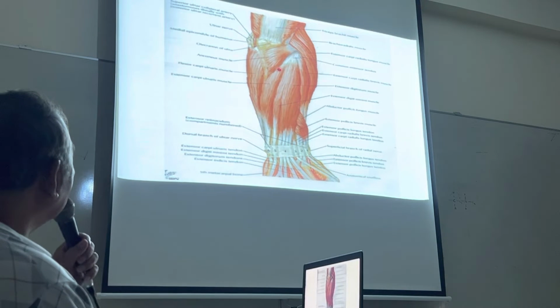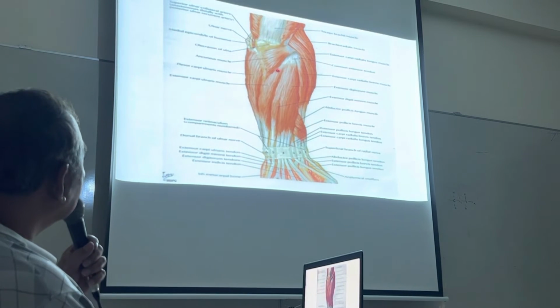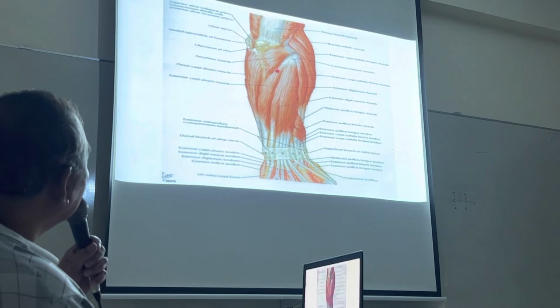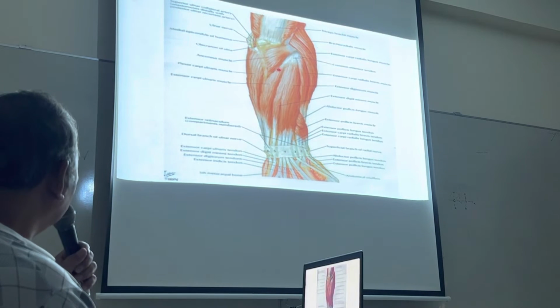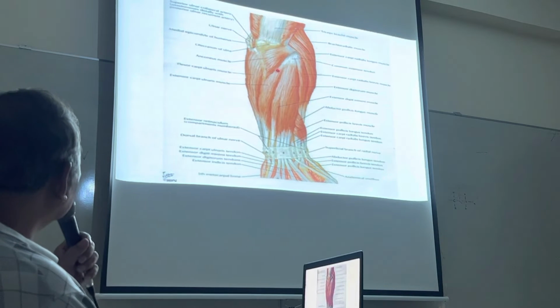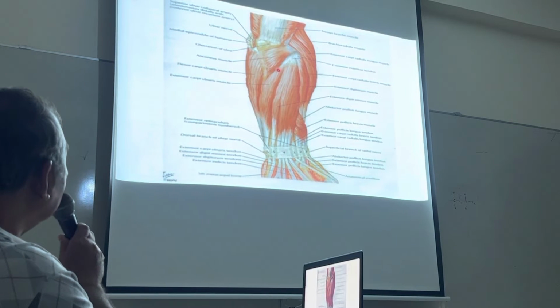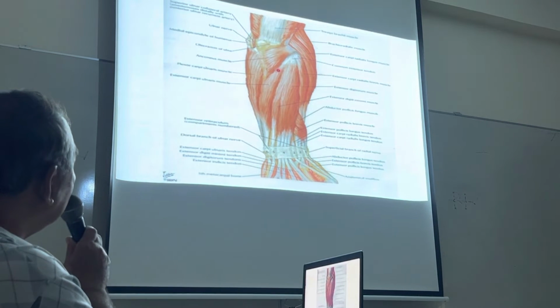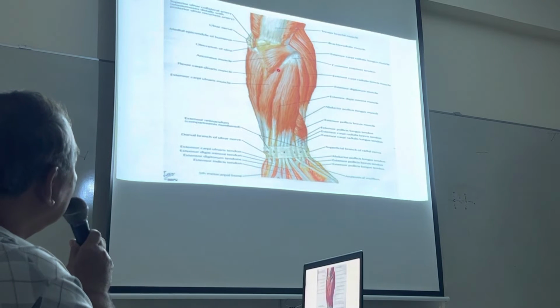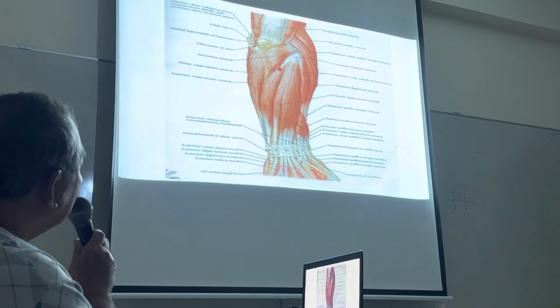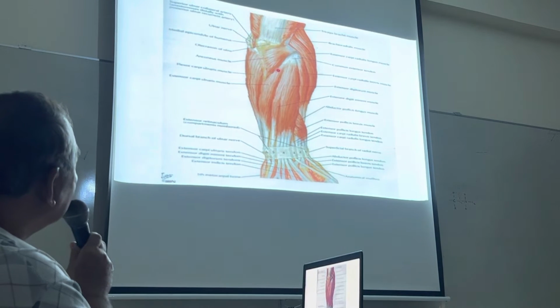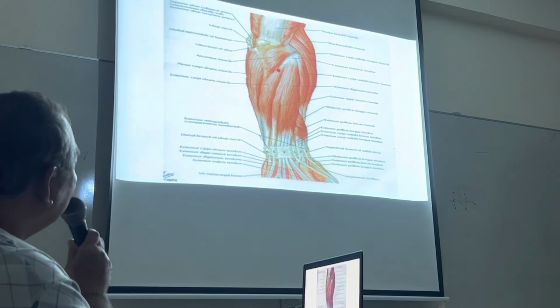Okay, so these are the muscles in the superficial group of muscles. What are the muscles again? Extensor carpi ulnaris, extensor digiti minimi, extensor digitorum, extensor carpi radialis brevis. Take note of the word brevis.